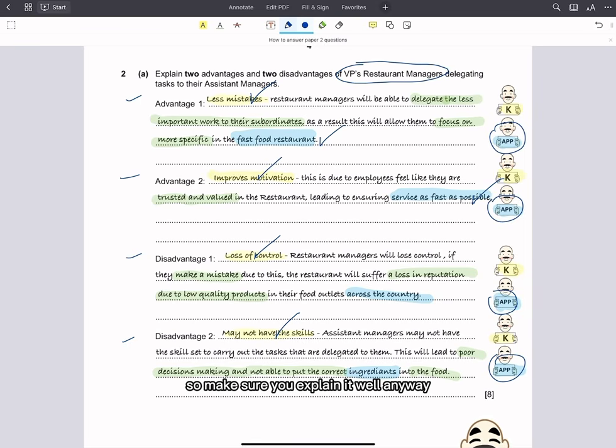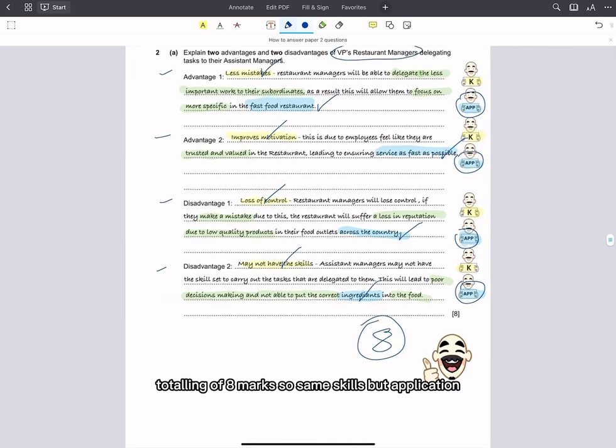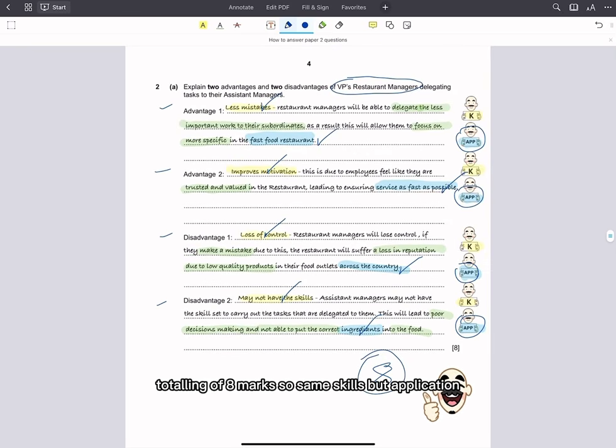So make sure you explain it well anyway, and then make sure you put the application marks, 4 different application marks in here, so you get 4 knowledge and 4 application, totaling 8 marks. So same skills, but application.